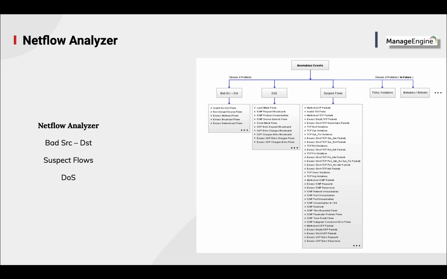DoS flows with the same source IP and destination IP, causing the target machine to reply to itself continuously, and land attack flows. So with these flow detection technologies, you'll be able to identify the attacks on your infrastructure, and you can take the necessary steps to avoid them in the future or eliminate them from your infrastructure.